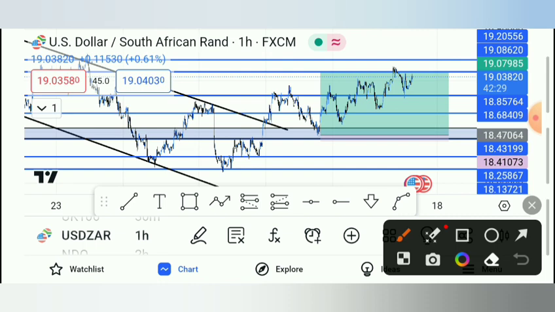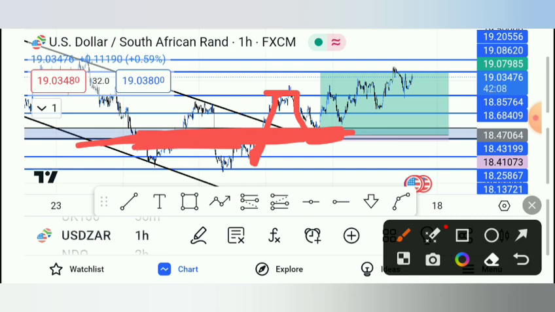Price came here and reversed, went back to my support zone, my very valid buy zone, and then it went up.